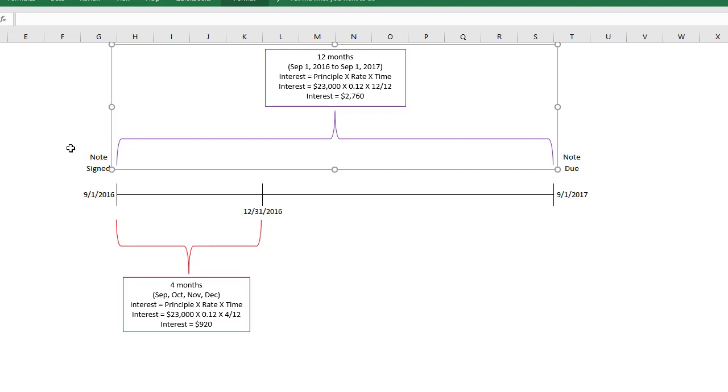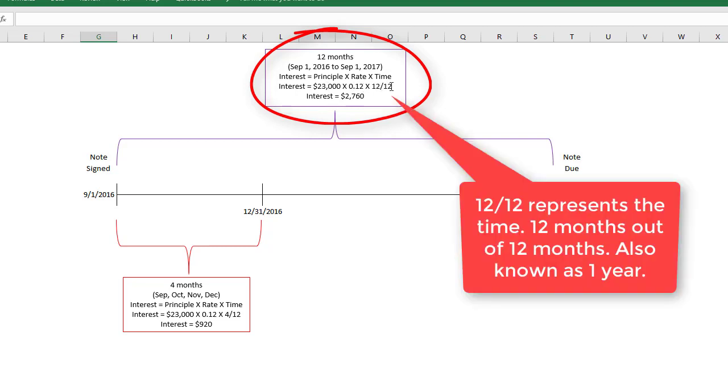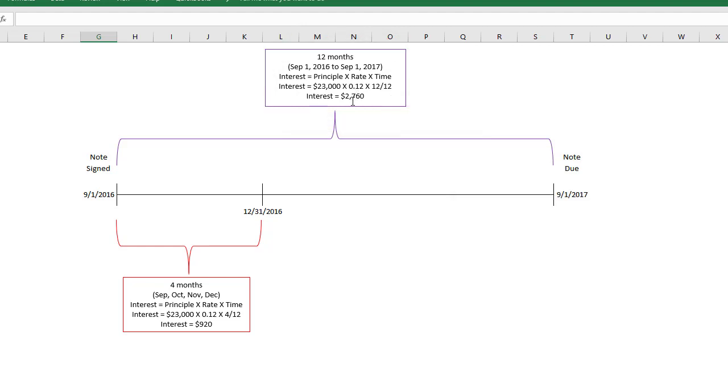So we're now in purple, we're going to be calculating our interest. It's for the full 12 months. So again, principal times rate times time. So that's 23,000 times 0.12 times 12 divided by 12, which is just 1. So basically it's 23,000 times 0.12 gives us 2760. So that's how much interest Pritchett is going to pay us.